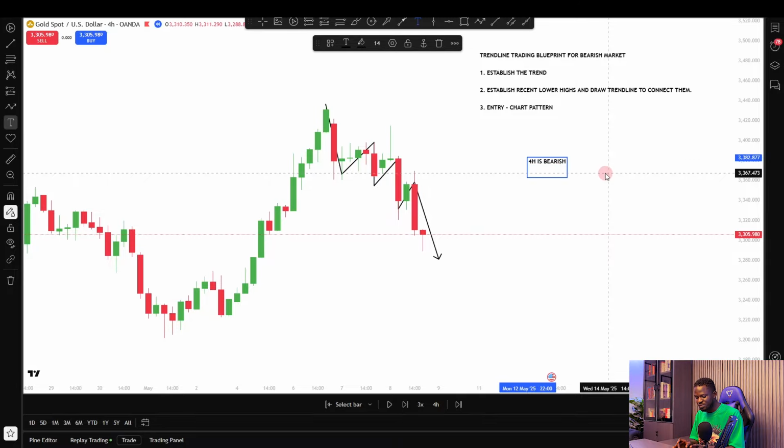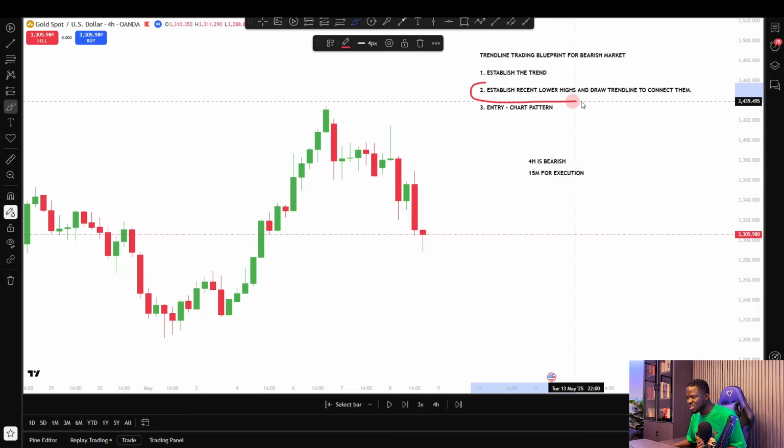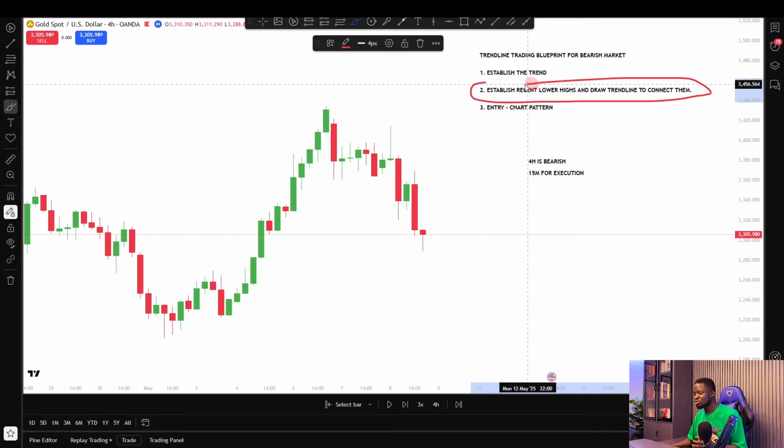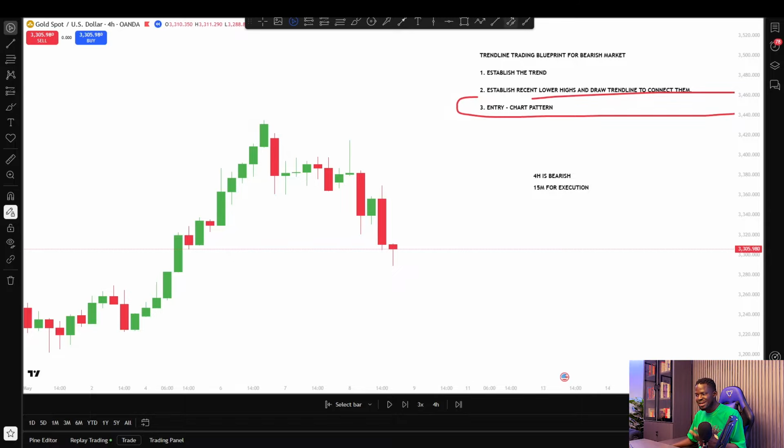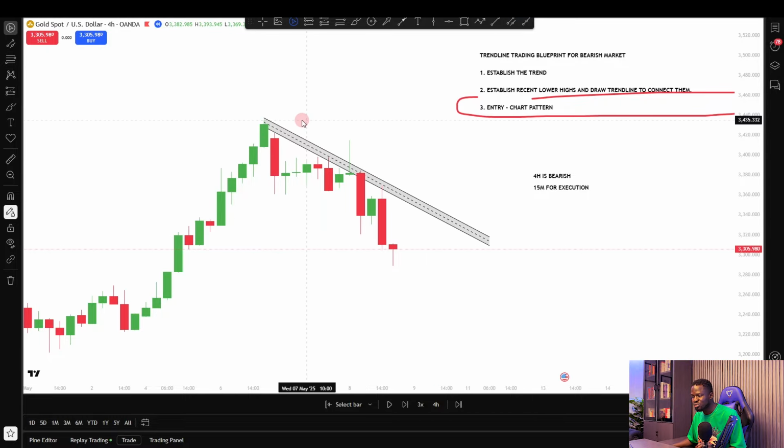So we're going to use the 15-minute time frame for execution by using our chart pattern. The next step is to establish recent lower highs and use our trend line to connect them. There are different ways to establish your trend line, but I love to use a parallel channel because it helps me connect the trend line very well so that I have multiple touches.